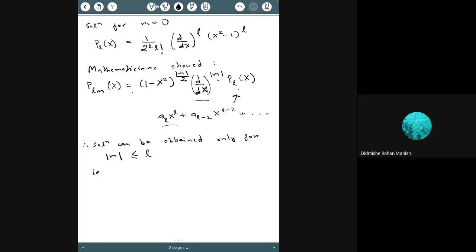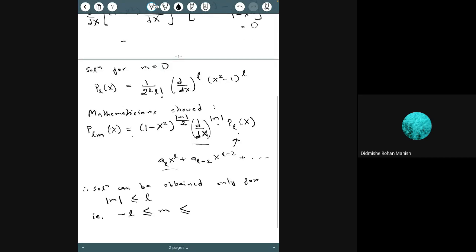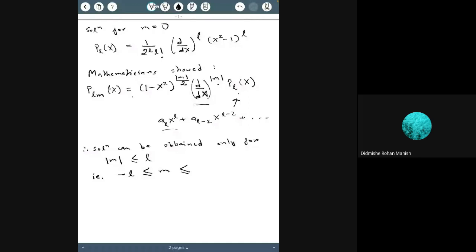So this means that to get solutions to this equation, we can only get it for a subset of m which lies between minus L and plus L. Of course, what if you have more solutions other than the series solutions that we've obtained?